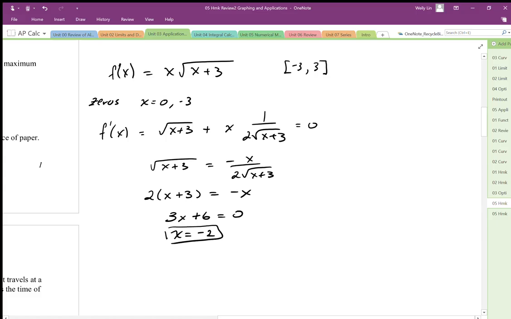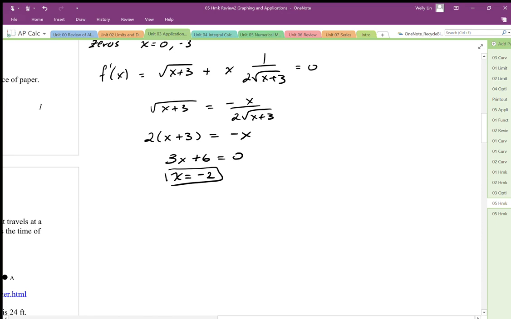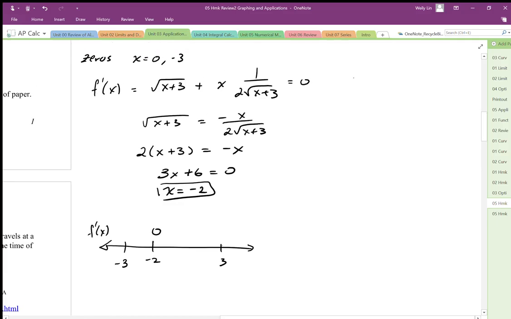So it looks like I have a local min or max at negative 2. I'm going to do my slope chart here. Drawing my slope chart, at negative 2, I've got a restriction at negative 3 and an endpoint at 3 as well. My derivative is going to be 0 here. If I test my derivative at negative 2.5, f prime at negative 2.5, I'm just going to plug it in.